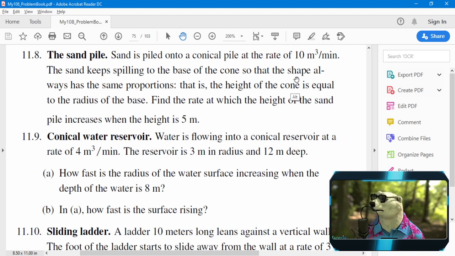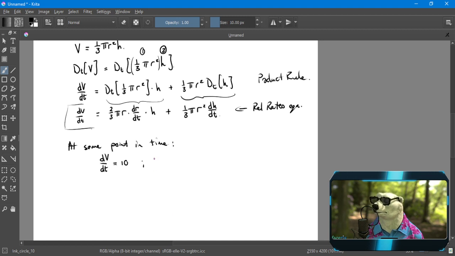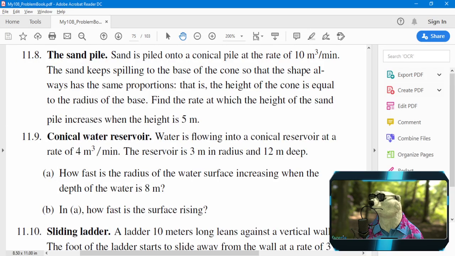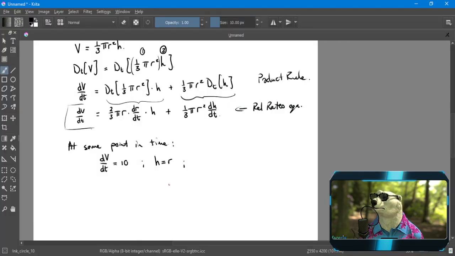Then sand keeps spilling, the shape remains the same. The height of the cone is equal to the radius, to keep things simple. The height is always equal to the radius. It's good to highlight that and see it. And we want to find the rate at which the height of the sand increases. So the rate of change of the height.